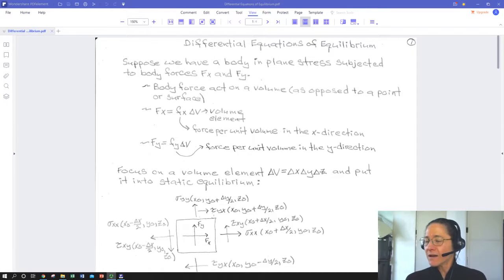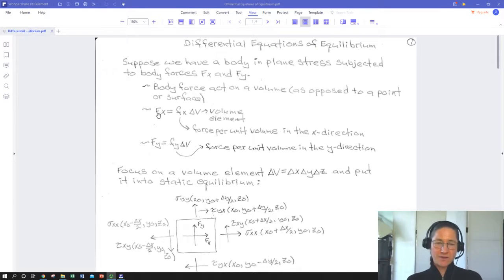So we'll start by defining those body forces. Maybe we have body forces that can act in two directions, so gravity plus maybe an electrostatic or a magnetic force that can pull something in another direction. We'll define the total body force in the x direction as the force per unit volume in the x direction, little f sub x, times delta v, the total volume, and then the same with the y.